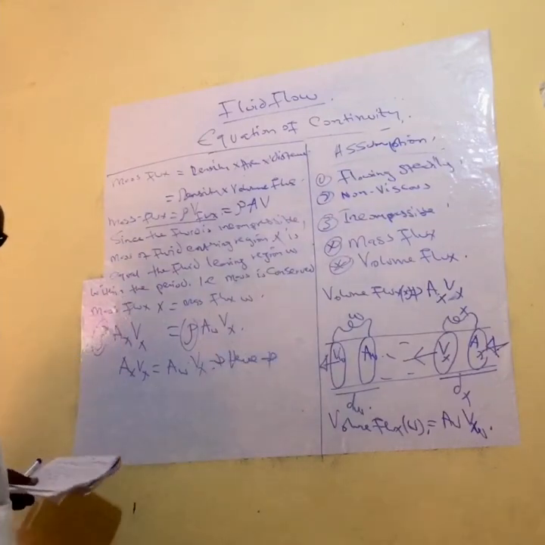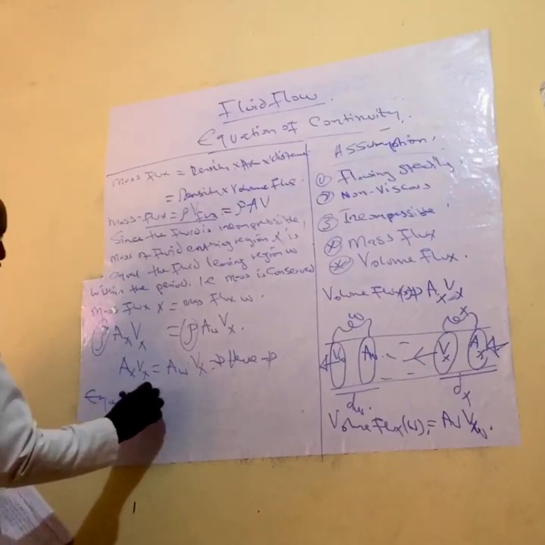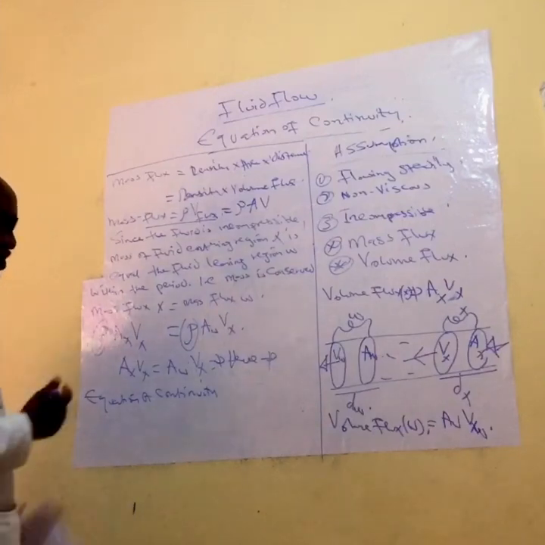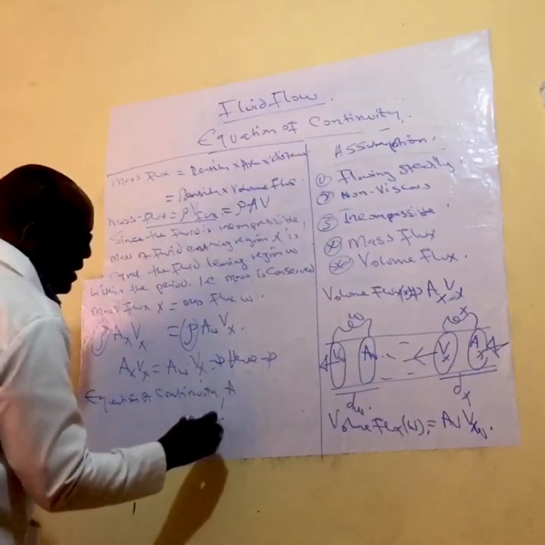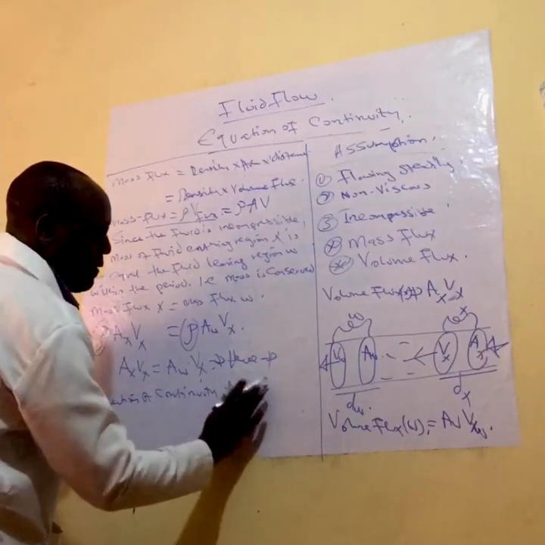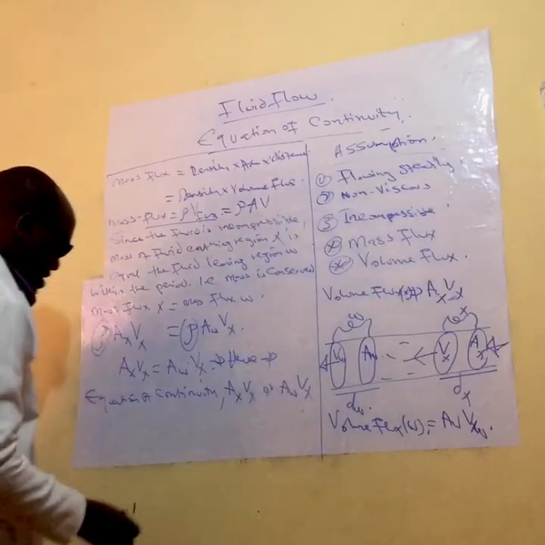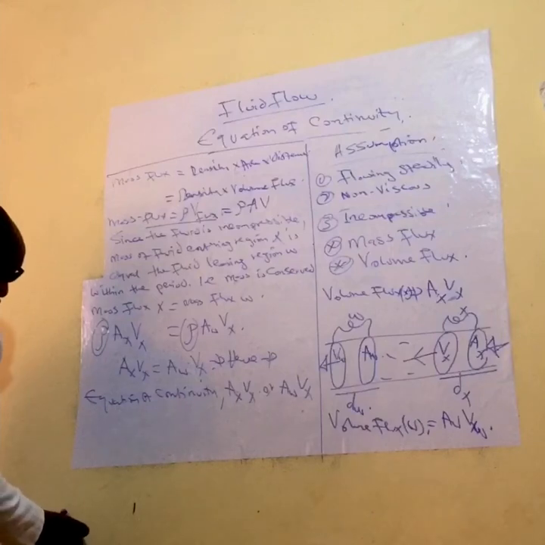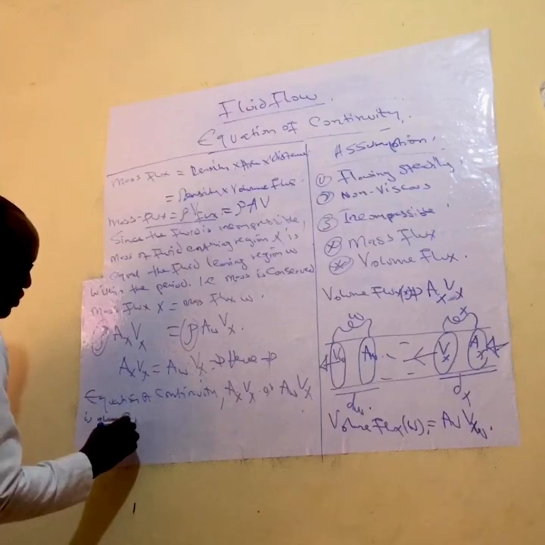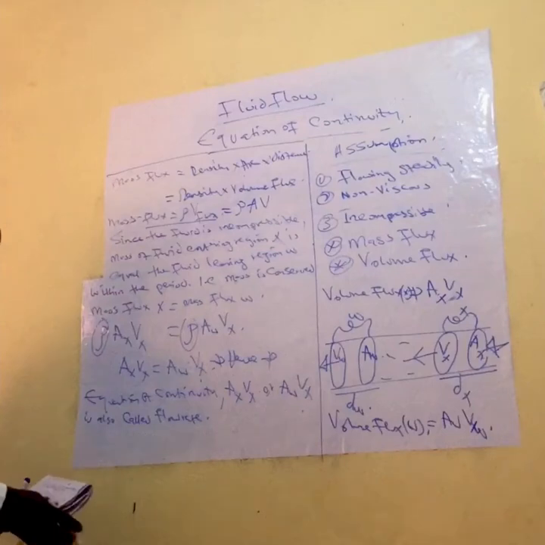And that is known as, so this equation, hence this is called the equation of continuity. Equation of continuity. So AxVx or AwVw is also called the flow rate, and is constant.